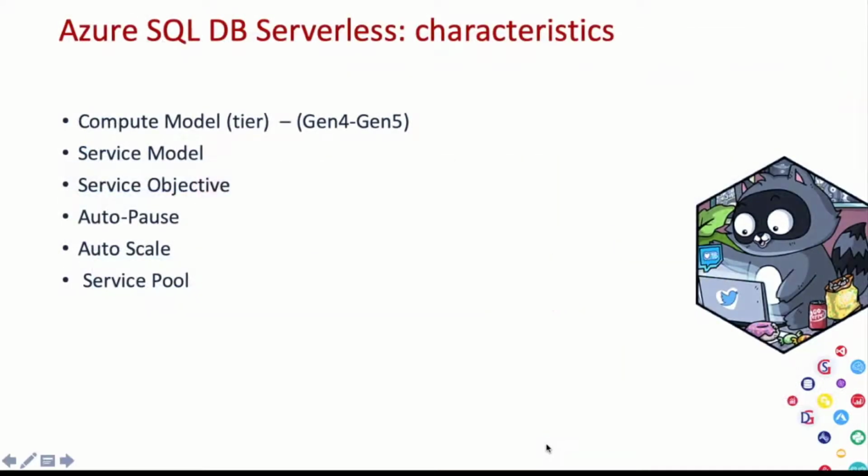So here are the characteristics that you need: a generation 4 compute model, a service model, a service objective, auto pause, auto scale, and a service pool. This is what you have to identify as characteristics when you are creating a serverless SQL Server.